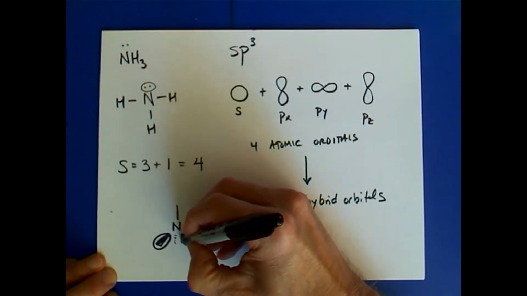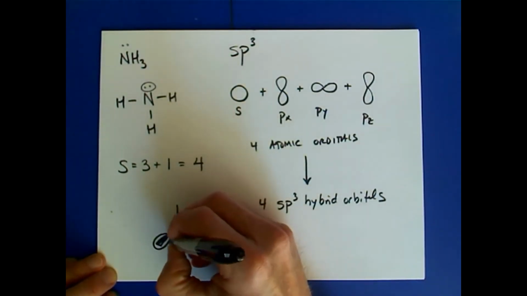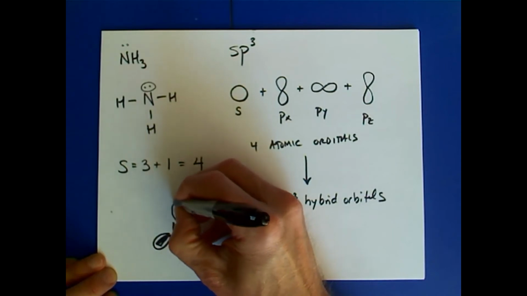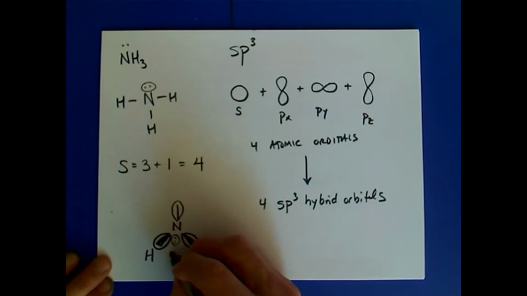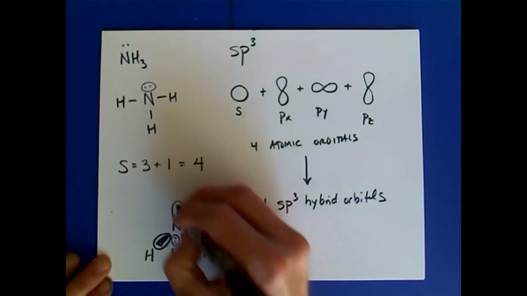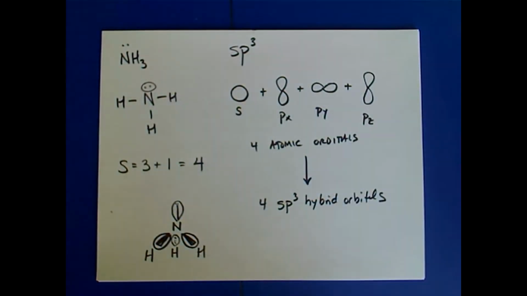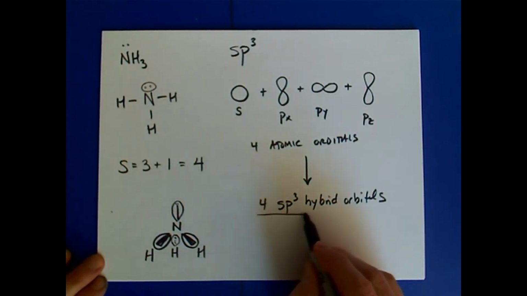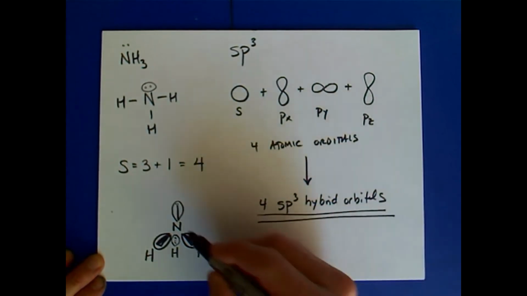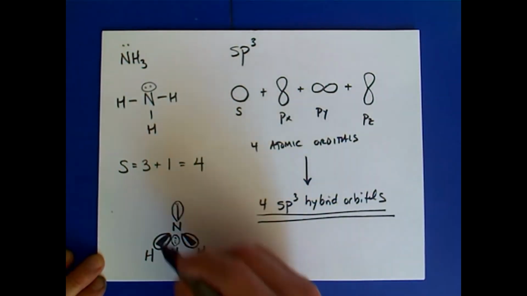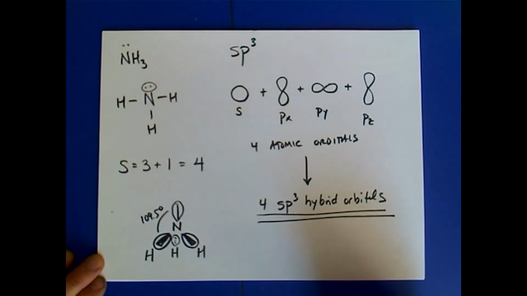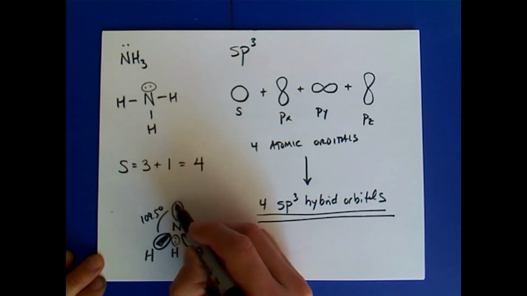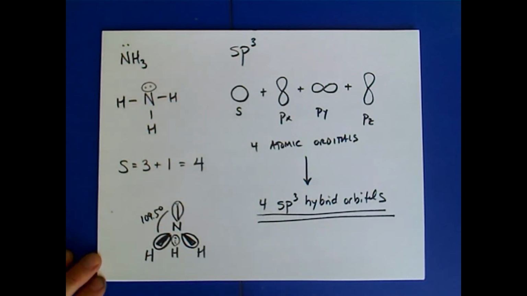So 2 coming out towards you, 1 going back behind you, and then a lobe that goes straight up and down in the plane of the paper. And on these 3 on the bottom, we're going to go ahead and put hydrogens here, and then we'd stick the lone pair here in the plane of the paper. And in this case, your 4 sp3 hybrid orbitals that form are going to point to the corners of a tetrahedron with roughly 109.5 degree angles between them. Of course, it'll be a little smaller than this because the lone pair exerts a little more pressure on the bond pairs.